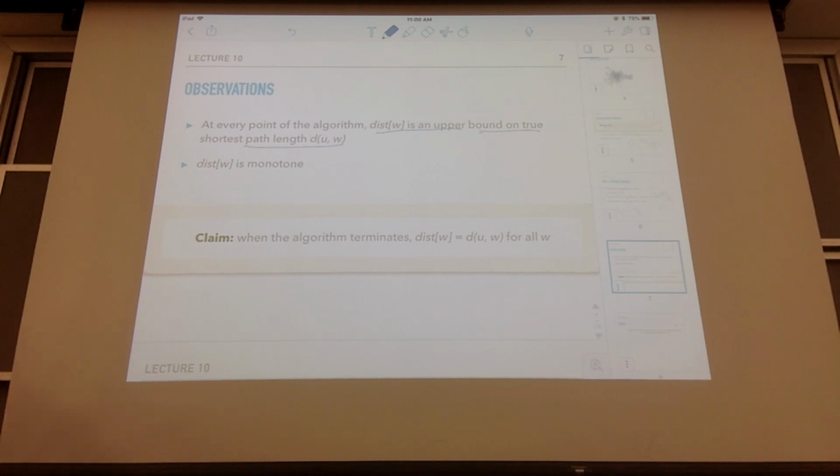And this is obvious from what I have just said, because dist of w is the length of the shortest path we found so far. So it can only be bigger than or equal to the length of the shortest path.